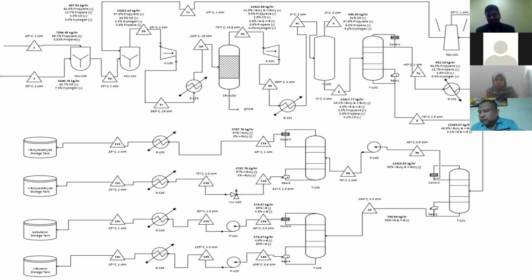In your plant design one, it has been stated that the assumption should be 330 operating days. There is some assumption that needs to be taken. So are they supposed to use 330, or is it okay to use 365?